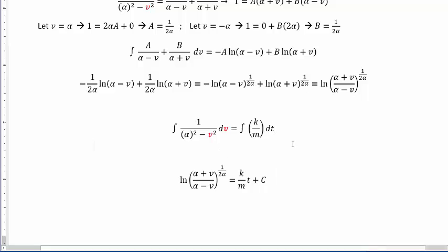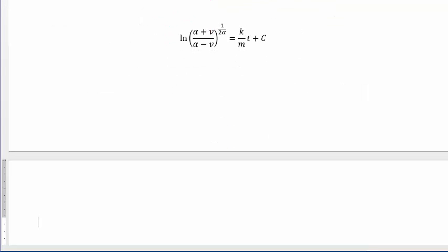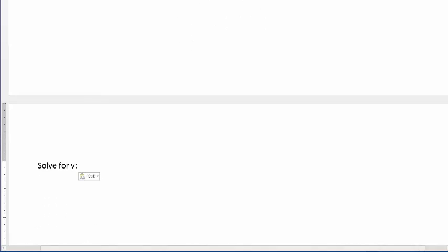But we want to solve for v, and so solving for v is going to be a little bit of a challenge, but let's see if we can get that worked out. So how are we going to solve for v here?